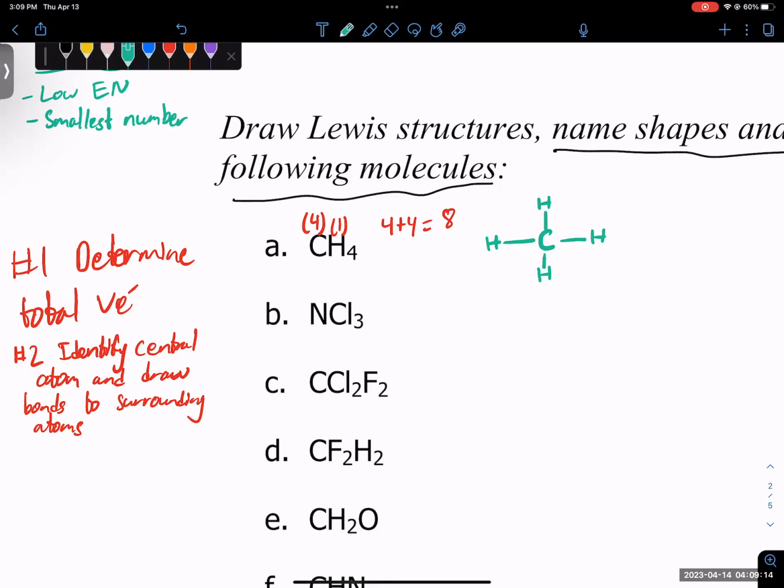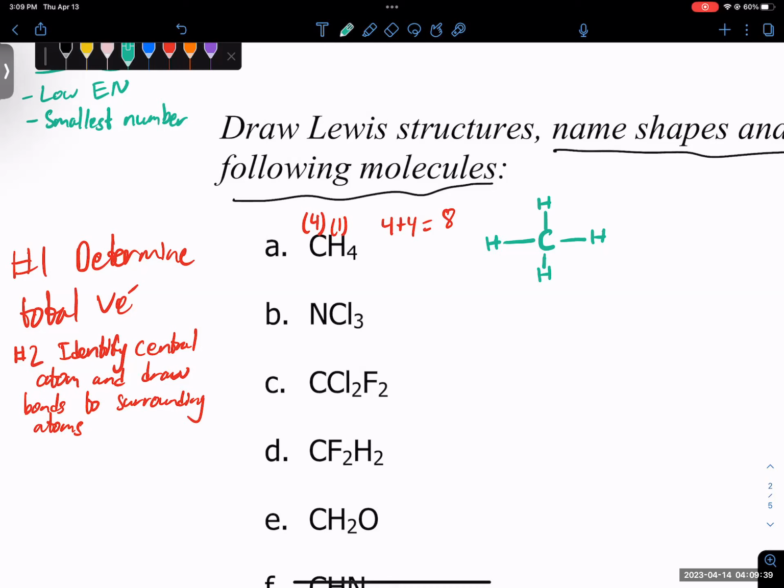Like that. Now, how many electrons are in a bond? Anybody? Yeah, 2 electrons. 2 electrons are in a bond. Thank you, Sydney. So since we made 4 bonds, how many electrons did we use up? 2 per bond and 4 bonds, 8.